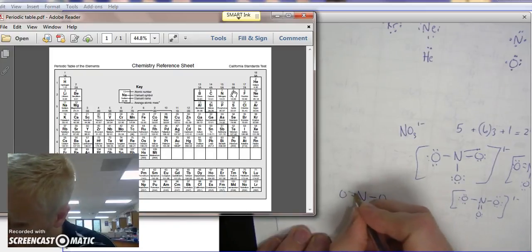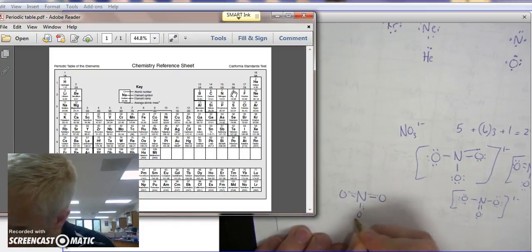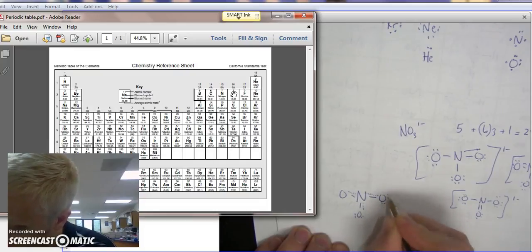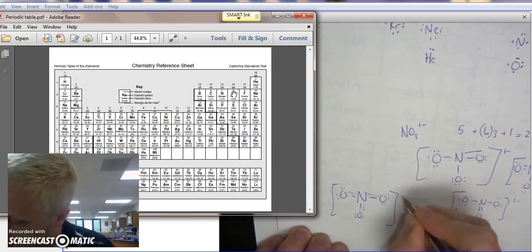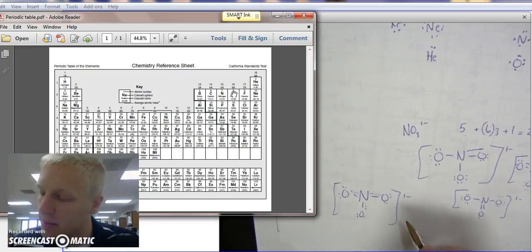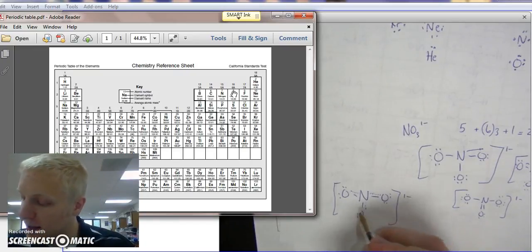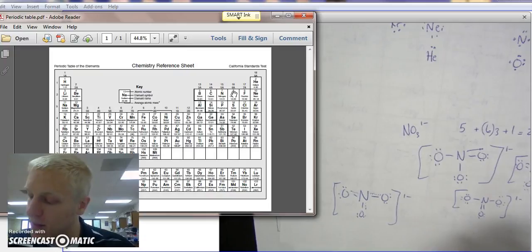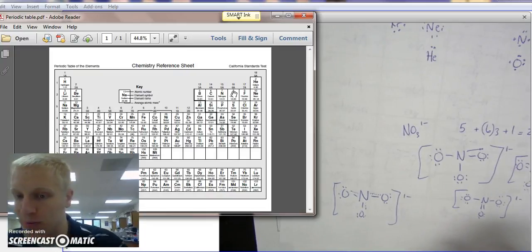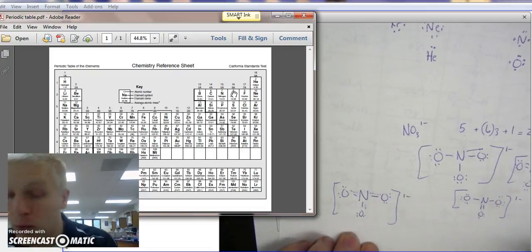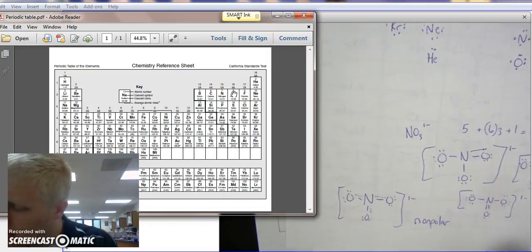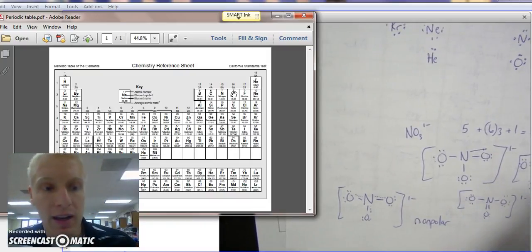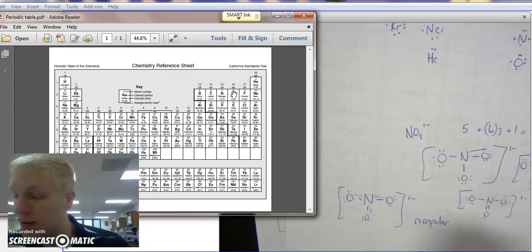We have minus, and this is the structure you look at when determining whether it's symmetrical or not symmetrical, and this would be symmetrical, therefore it would be nonpolar with a bond length of 1.33. And those are the Lewis dot structures for molecules that exhibit resonance or delocalized electrons, and also polyatomic ions.